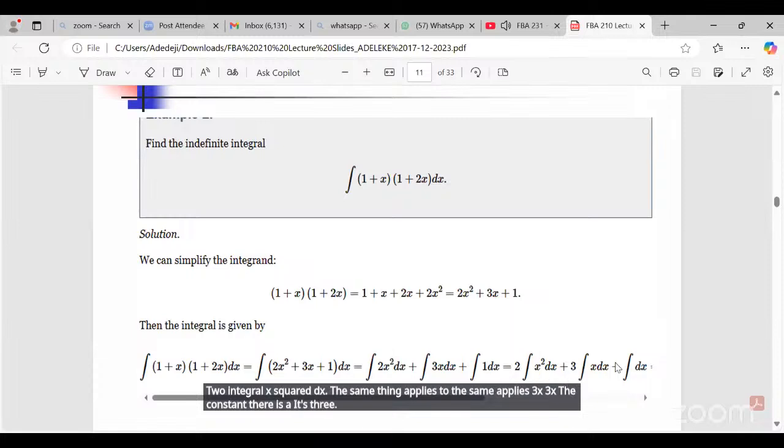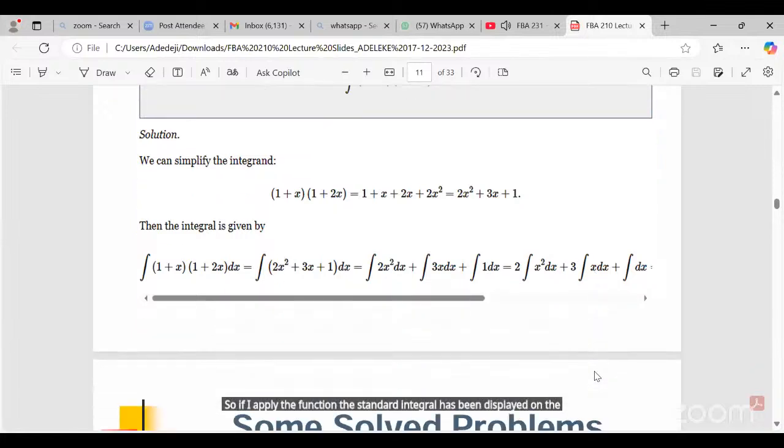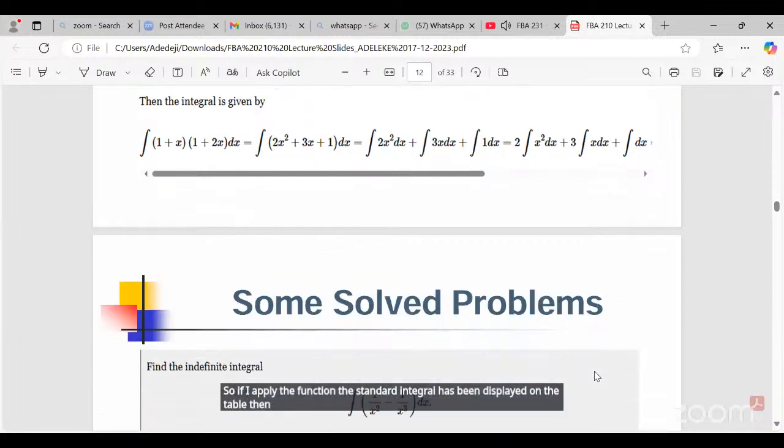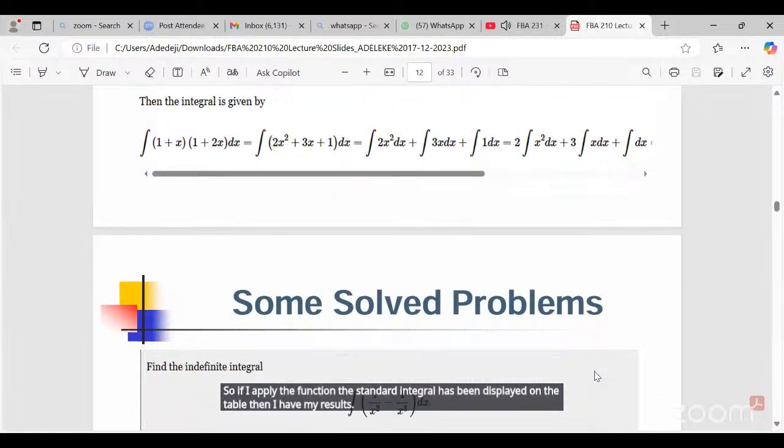The 3 comes out, and then I integrate x dx. And then lastly, I have my 1. So if I apply the standard integrals displayed on the table, then I have my results as displayed.